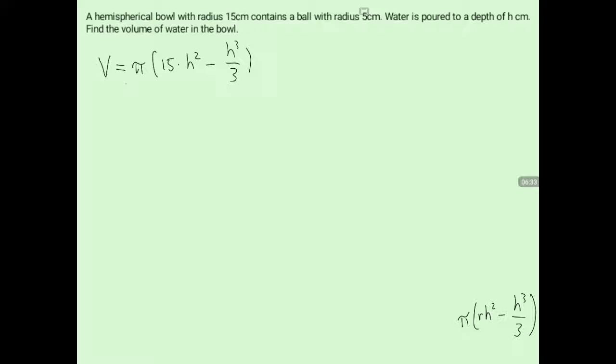This is just the water in the bowl minus how much water the ball displaces. So that is pi times the radius of the ball, which is 5, times h squared minus h cubed over 3. So this is going to be the volume if the ball is not completely submerged.